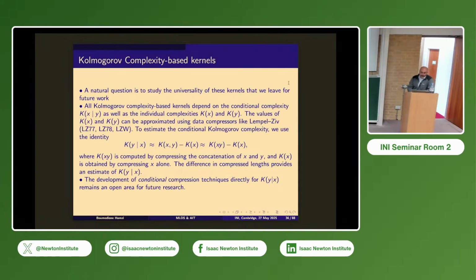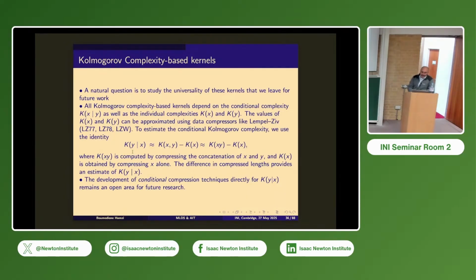Another question here is how universal these kernels are. This is still an open problem. Then another question is how we actually compute these objects. We are still working on that, but there are a lot of compressors like Lempel-Ziv and different variants, so we just use these to compute the relative Kolmogorov complexity.